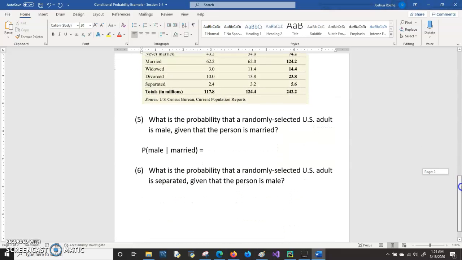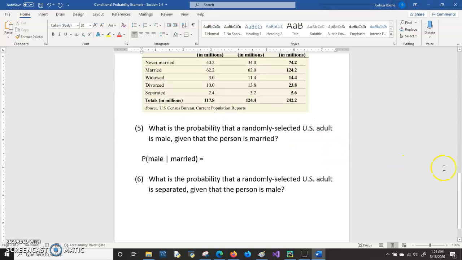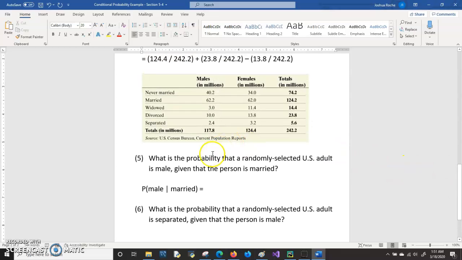And then two last examples. What's the probability that we select a U.S. adult that's male given that the person is married? So the key phrase there is given that. That means that this is going to be a conditional probability.